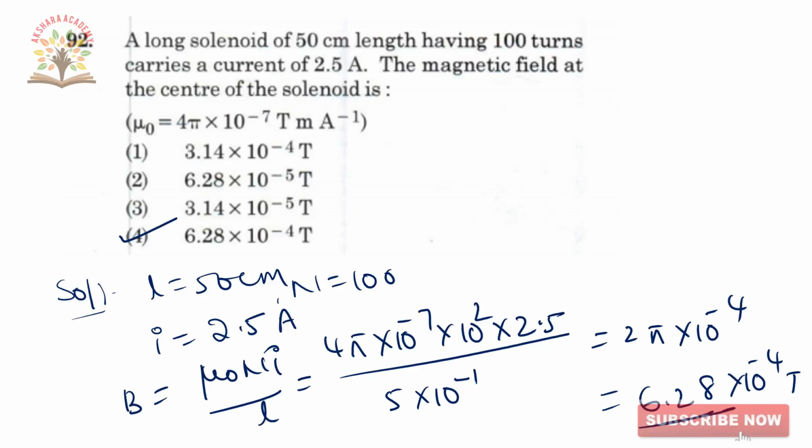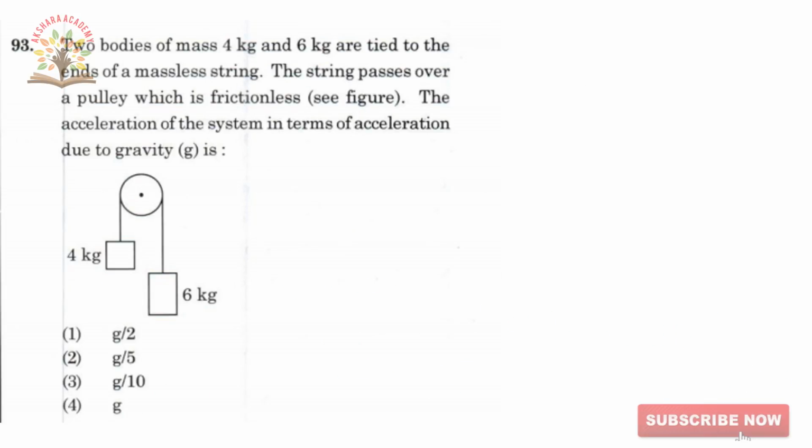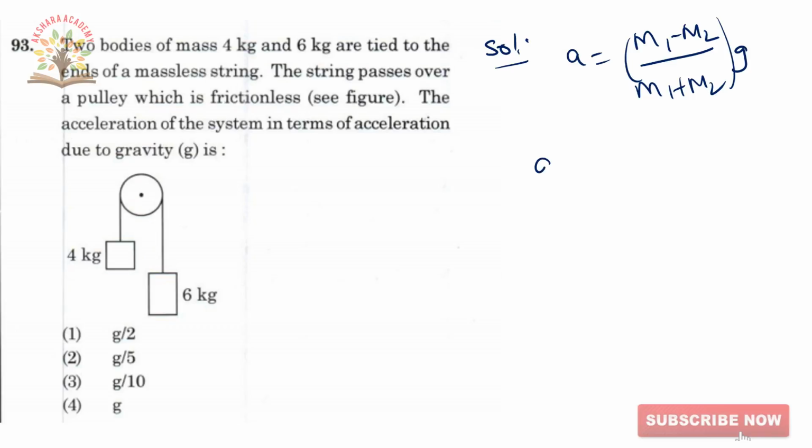Go to the next one. Now question number 93. Two bodies of masses, here we are calculating. Here I am writing the solution. A is equal to (m1 minus m2) by (m1 plus m2) of g, that is equal to, substituting values, (6 minus 4) by (6 plus 4) into g.